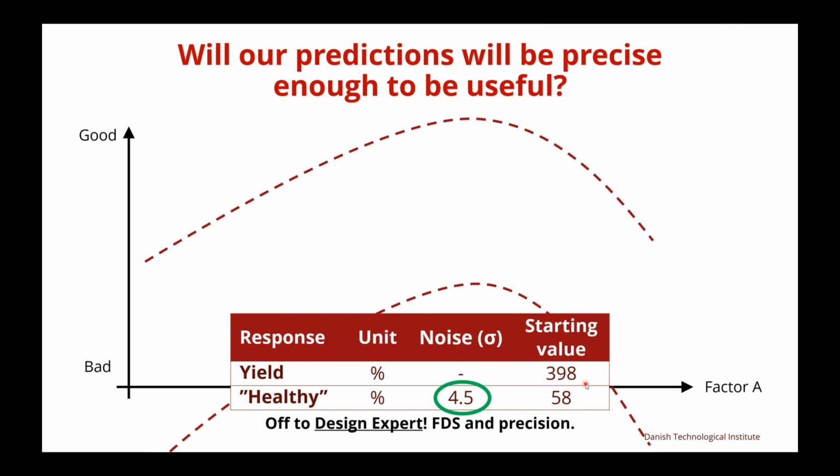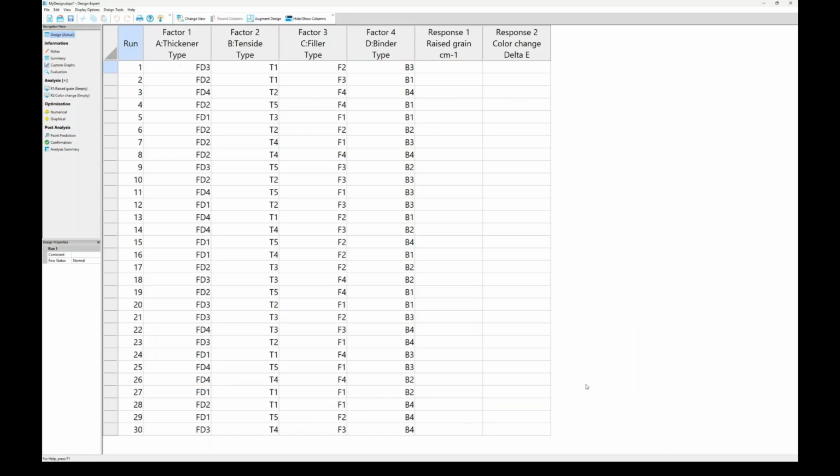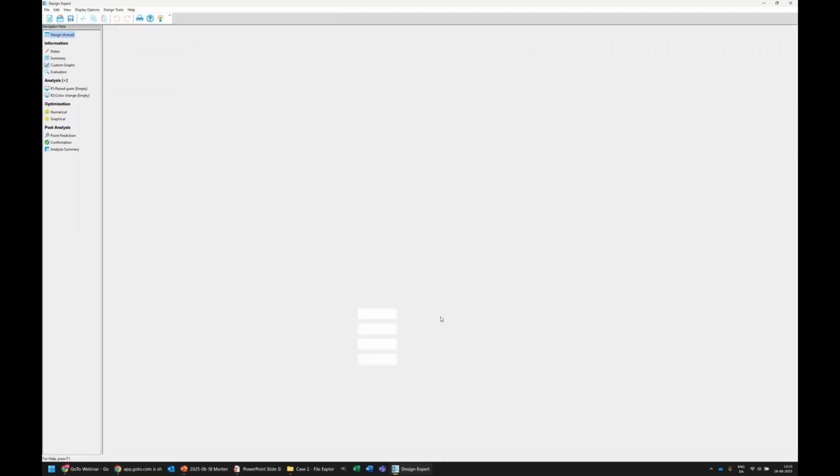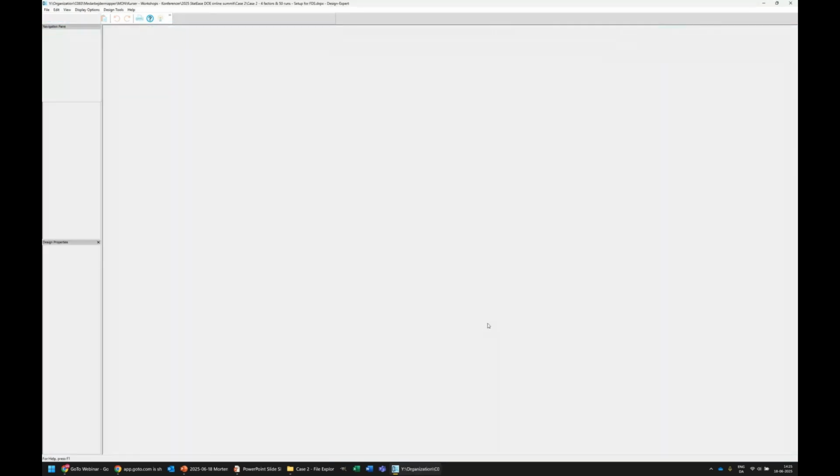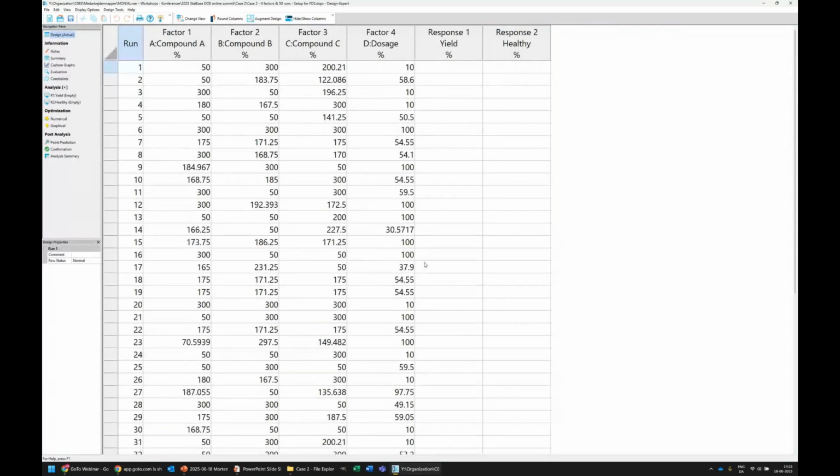But let's jump back into Design Expert and look at this particular case. I'm just going to close the first one down here and find case 2. To start out, in this case, we had 4 factors, which was 3 different things that could be added to the cell growth medium.